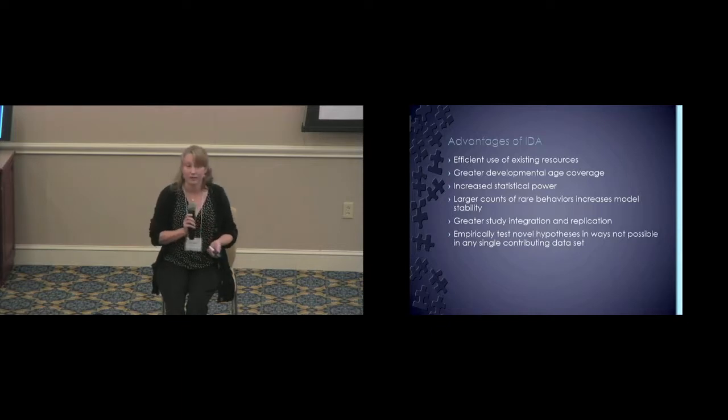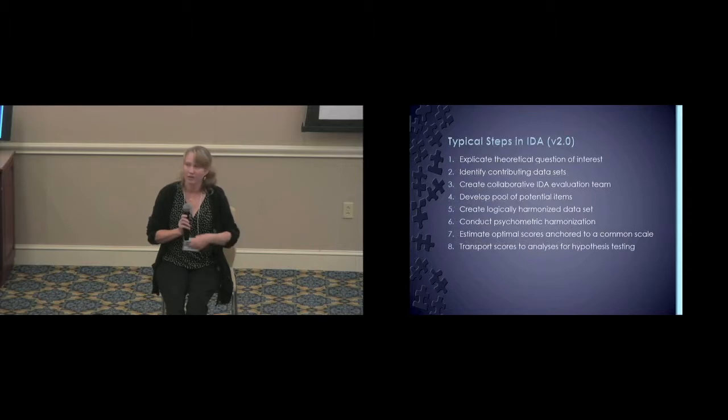But I think the other thing that's not really been realized is thinking about the issues of replication, and Eric was mentioning this earlier. Built directly into hypothesis testing and integrative data analysis are looking at the extent to which effects are replicating across studies. And indeed, there's some ability to look at why they may be or where they may not be replicating. And we can talk about that later if you like.